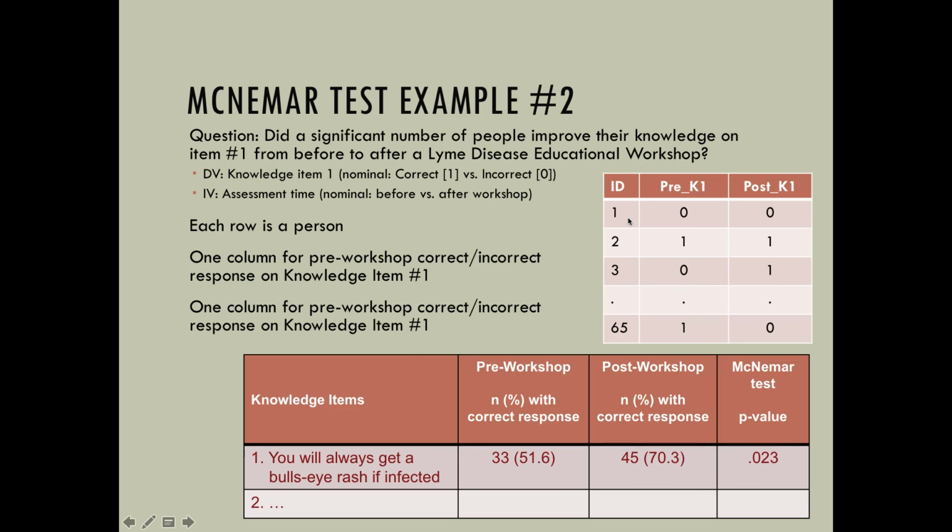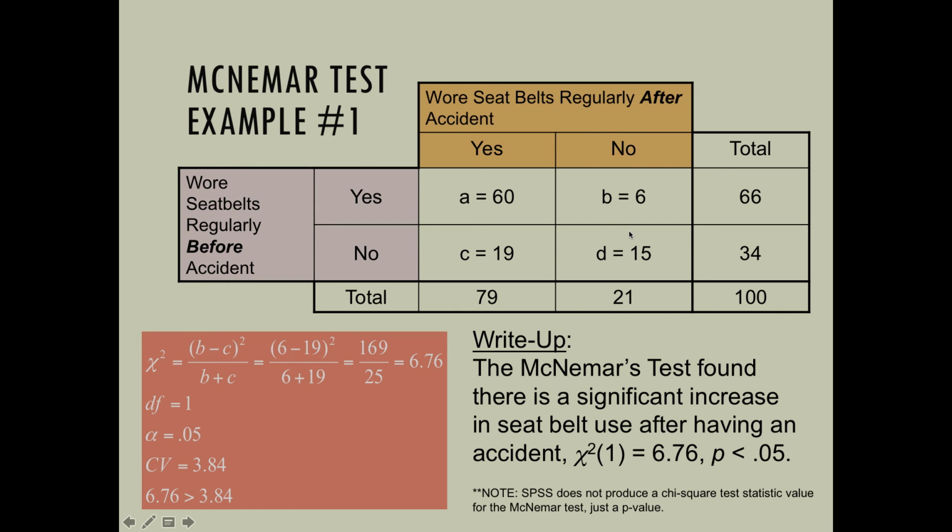There were 6 that did not use it after their accident, but did before. So that's kind of weird. Those are the people you're like, you used your seatbelt, you had an accident, but then you stopped using it. Interesting. Okay. Then this last box would be people who didn't use a seatbelt before an accident and still do not use a seatbelt. And then again, the totals are here.